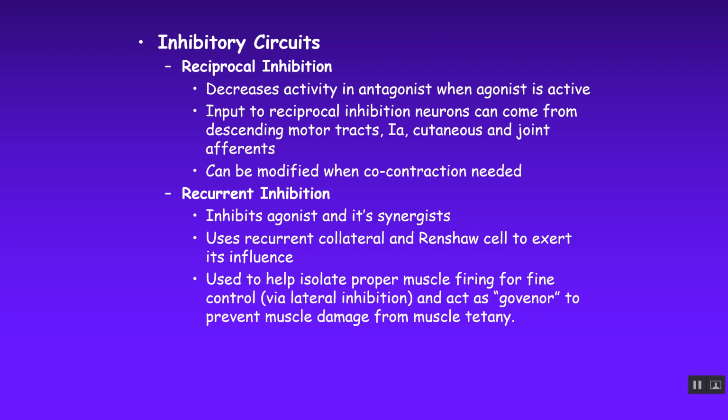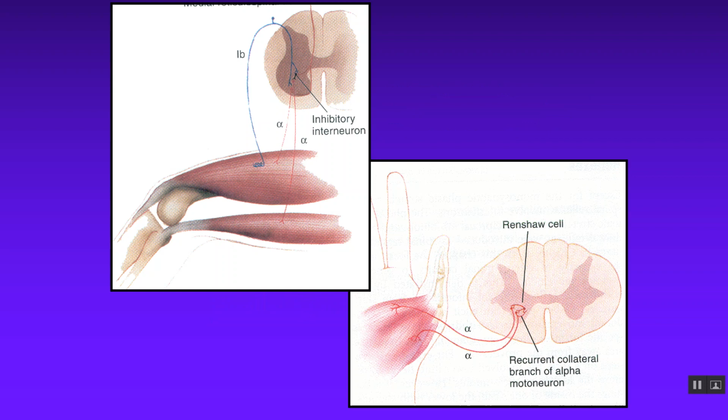So I'll show you a picture here in a second. This is the classic picture of what's happening with reciprocal inhibition. If you're doing some knee extension, your muscle spindle is shortening, and it's going back into the spinal cord level. Now this would have to go up or down some levels.